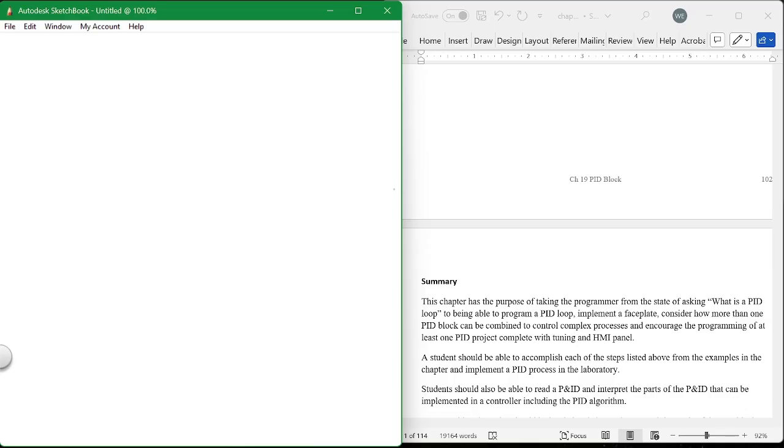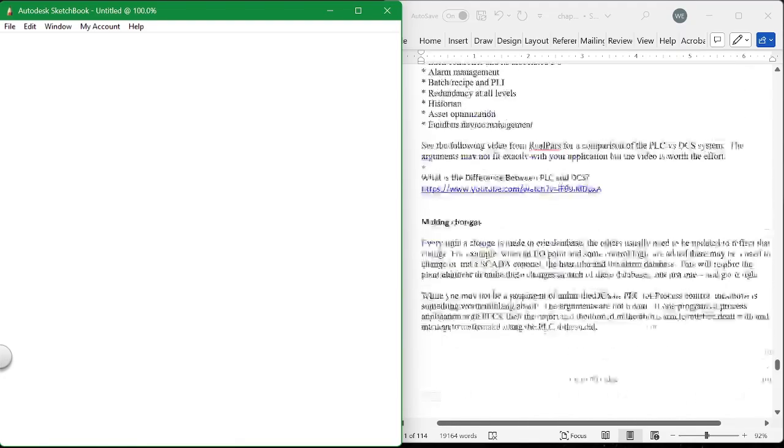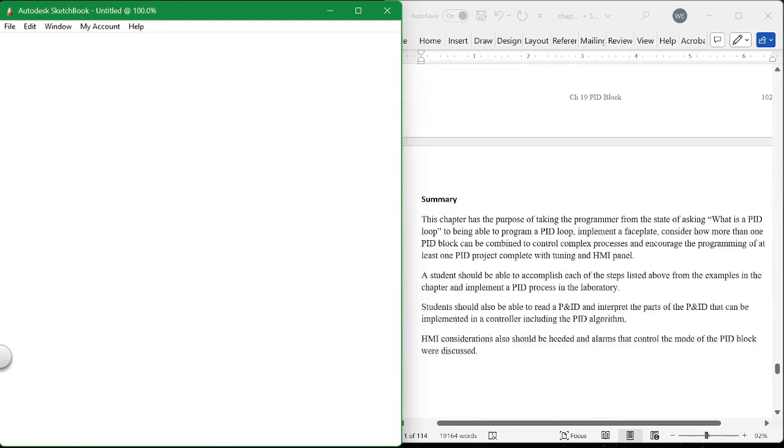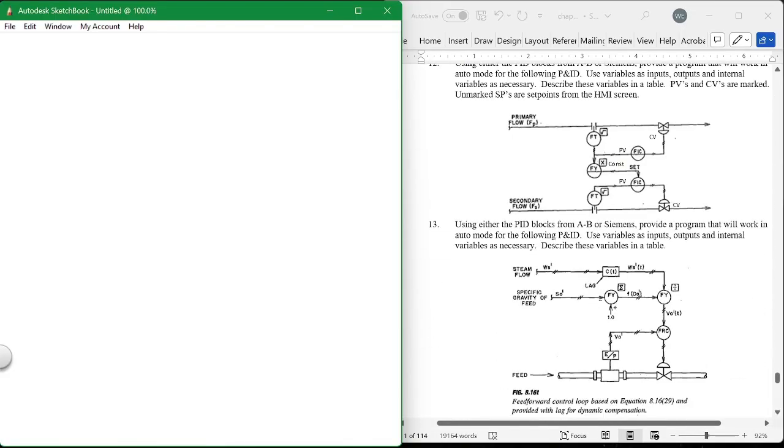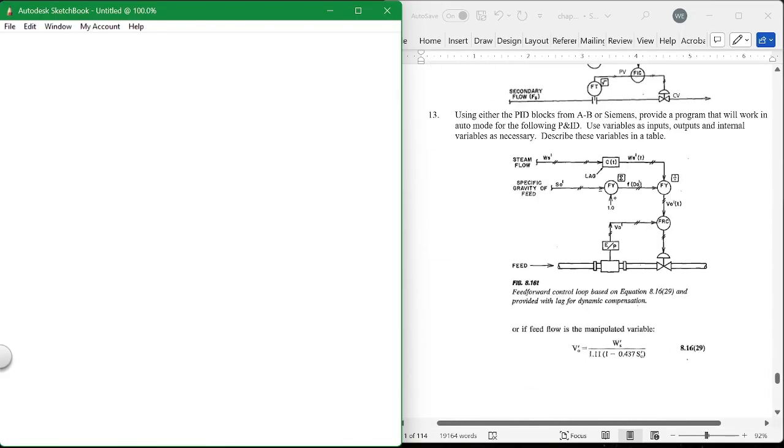You can almost predict it, but it'll be one like the ones back here where you are being asked to use variables and write the auto program in the PLC for the PID. In other words, find all the something C's and find the PV, the SP, and the CV, and be able to figure those out.